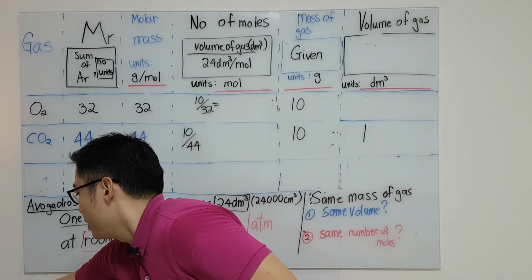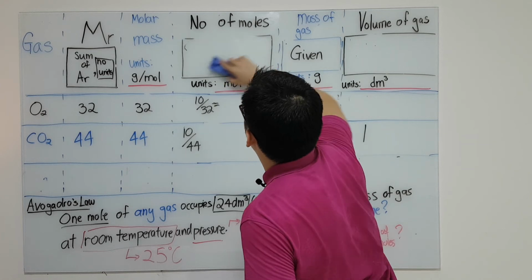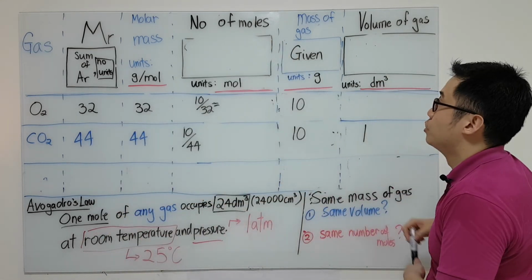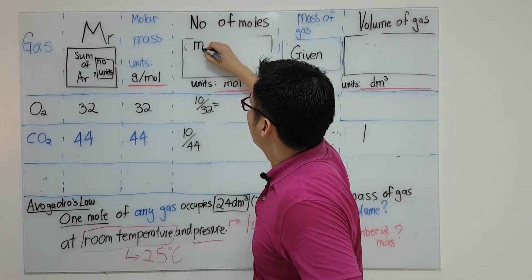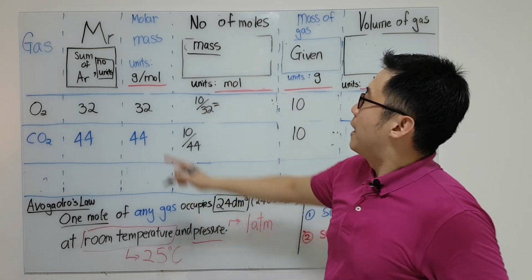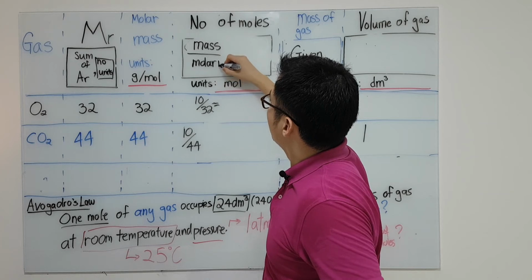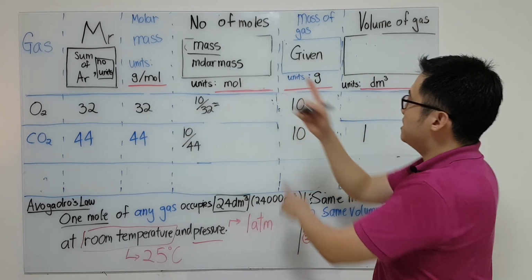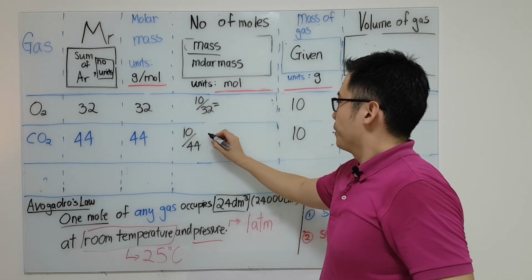If you are given the mass, to calculate the number of moles, all I need to do is take the mass and divide it by the molar mass. So in this case, the mass is 10, the molar mass is 32, so 10 divided by 32.